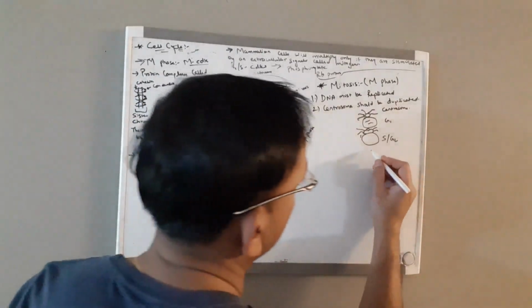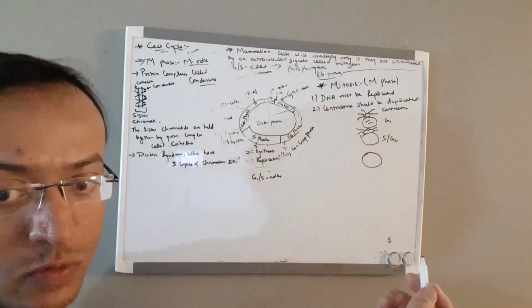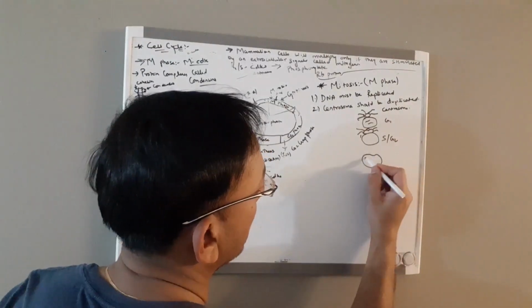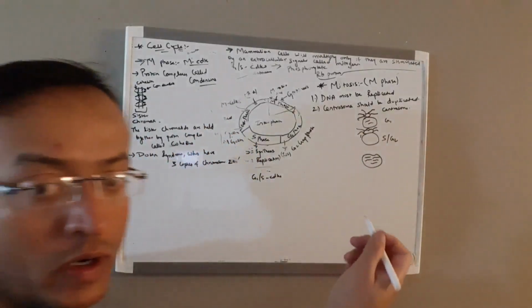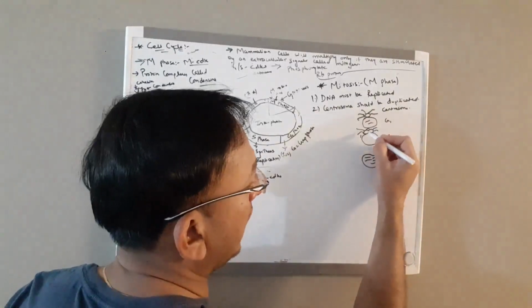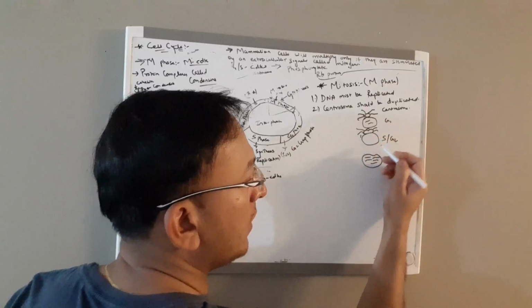And then in M phase, for example, this is our nucleus, right? It will go like this, and it now has chromatids. First it's a single centrosome, then it starts duplicating.